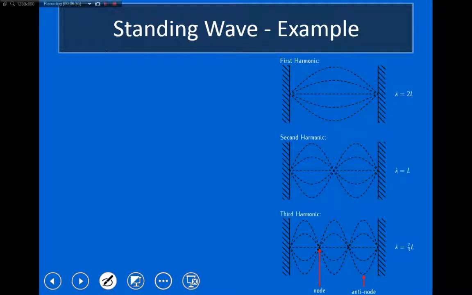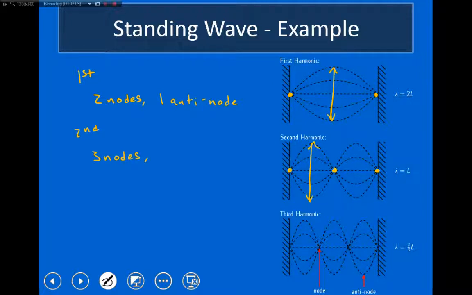Here I have these pictures of the first, second, and third harmonic when we have both ends fixed. Looking at this, we can see for the first harmonic, we have a node here and a node here. So there are 2 nodes. We can also see that we have one antinode in between. For the second harmonic, we have 3 nodes and 2 antinodes.